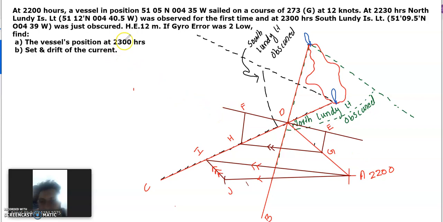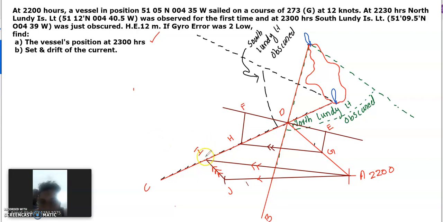Now we come to the first question: the vessel's position at 2300 hours. We know that GH is our course made good. I transfer this GH line to A, and draw it up to wherever it touches our third bearing line.